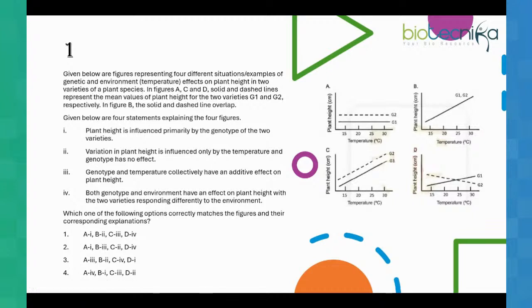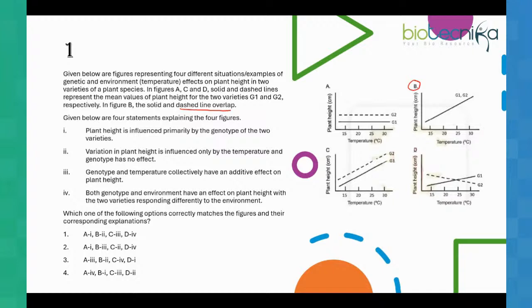In figures A, C, and D, solid line and dash line represent the mean values of plant height for the two varieties G1 and G2 respectively. In figure B, solid and dash line overlap. Okay, so in figure B, you can see that there is only one line, because the solid and dash line both overlap here.